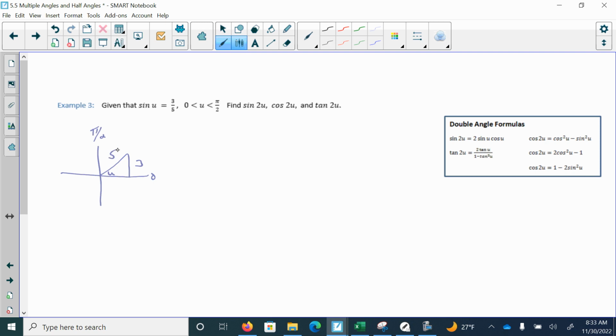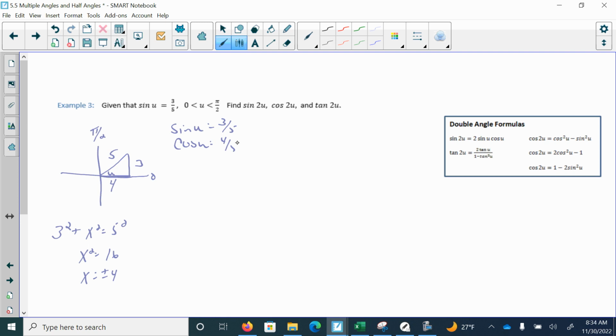I'm eventually going to need the cosine, so I'm going to say 3 squared plus x squared is equal to 5 squared. So x squared is equal to 16, and x is equal to plus or minus 4. Since this triangle is drawn in the first quadrant, this is a positive direction for x, so I'm going to have 4. Just to remind you, the sine of u is equal to 3/5, and now the cosine of u is equal to 4/5.